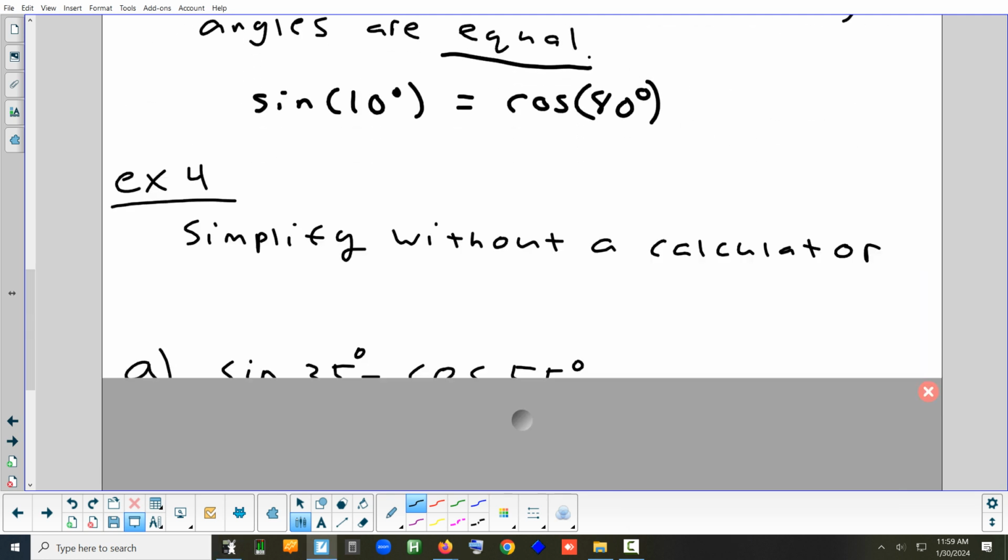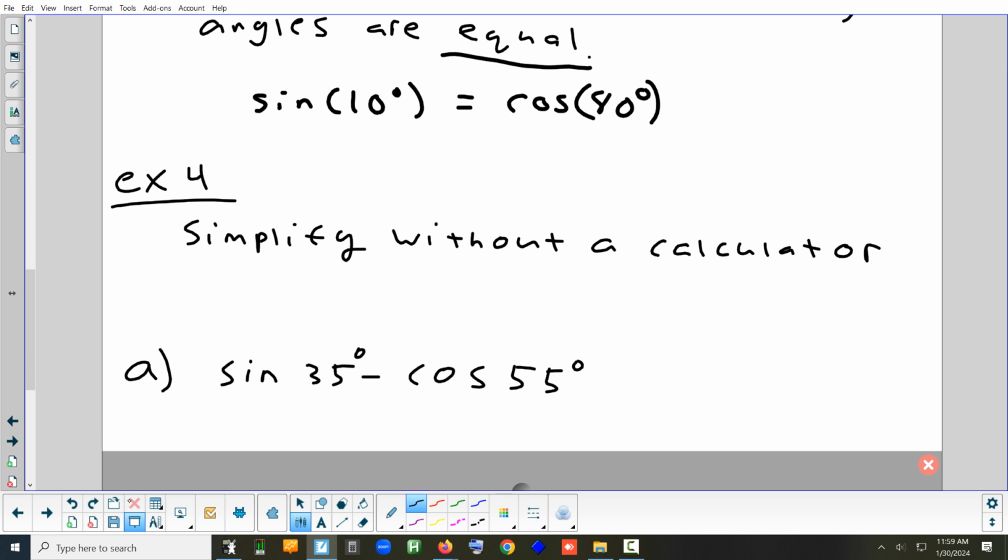So, how could you use that to simplify this? I have the sine of 35 minus the cosine of 55. First of all, those are what?